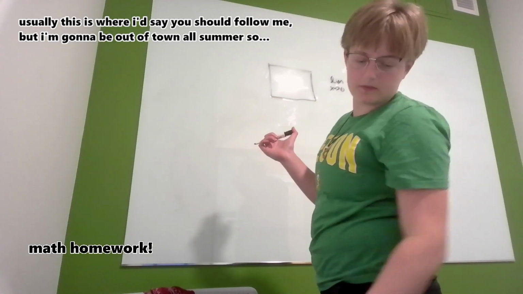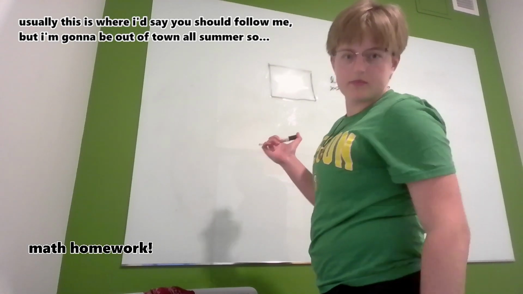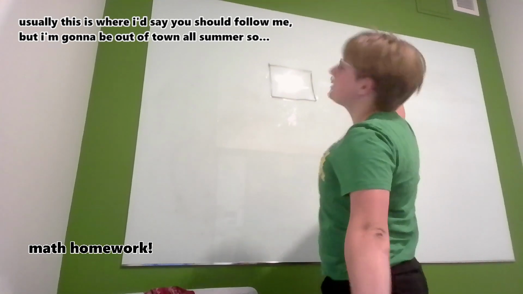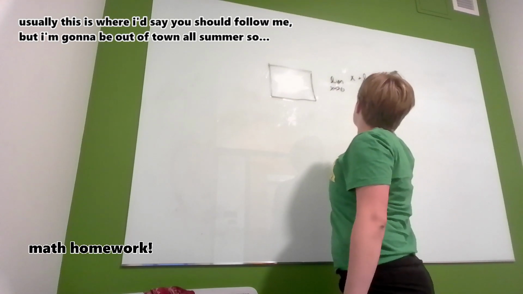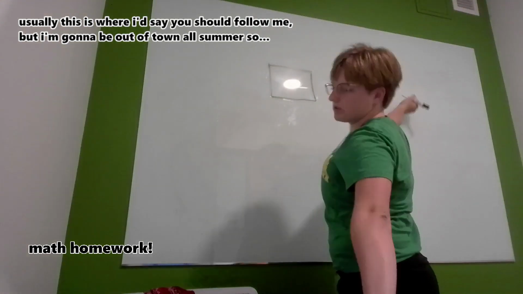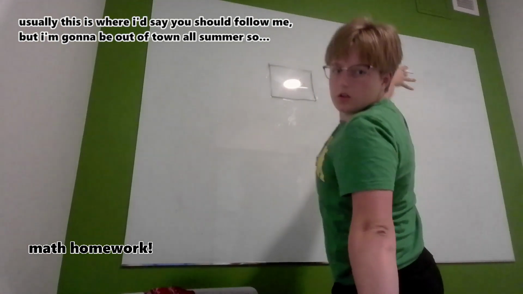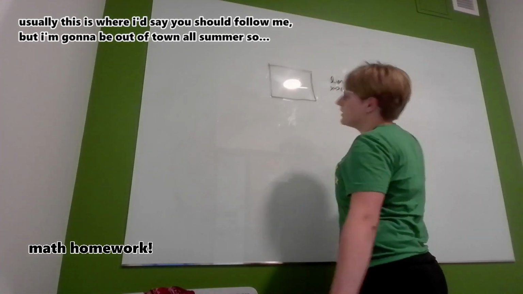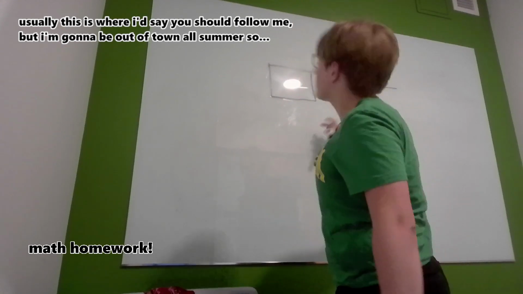So I've got plus natural log 1 minus x. Then I've got that over the 4th root of 1 plus x squared.